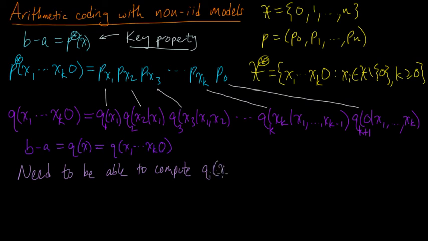We need to compute the conditional probability of xi given x1 up to xi minus 1 efficiently, in a computationally efficient manner.